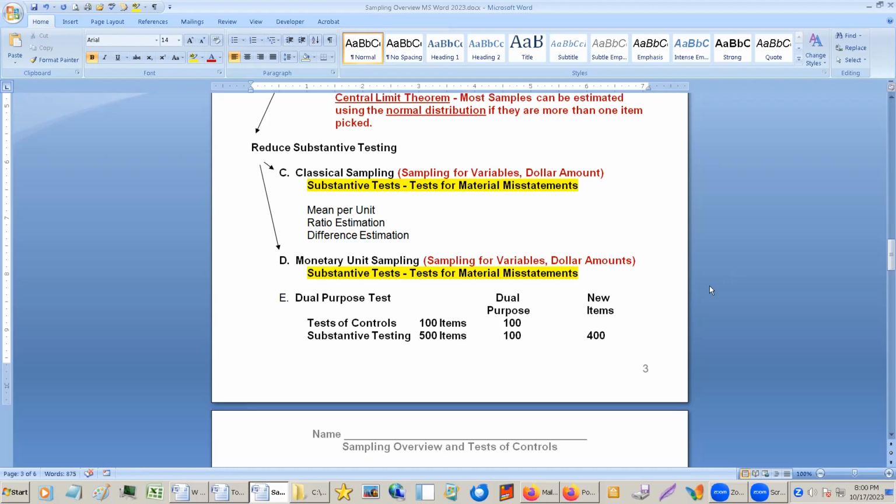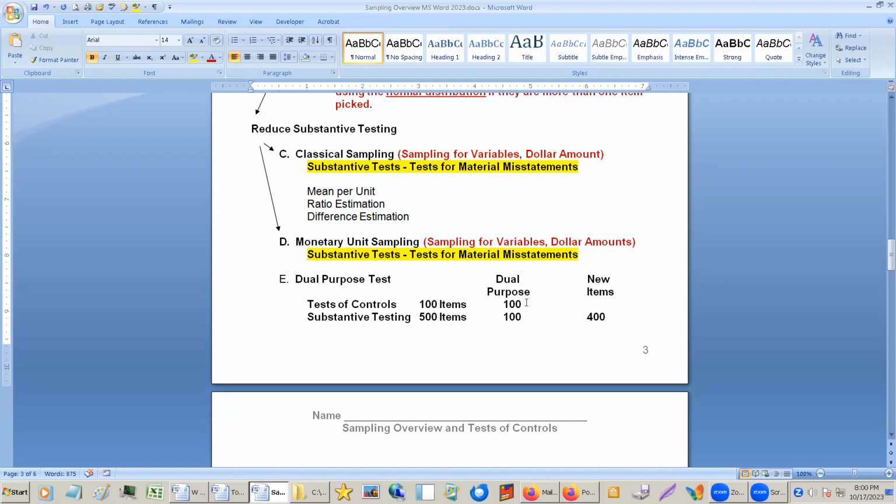So dual purpose testing is really just an efficiency thing. You've already picked the sample of 100 items. So where you need to have 500 items, simply take the 100 items from the test of controls and add another 400 to them, and then you have your 500. So a dual purpose test is using the same item more than once, and it's for efficiency.